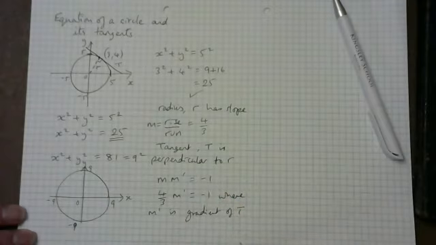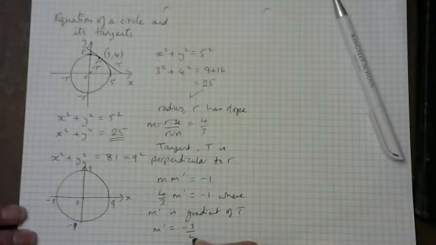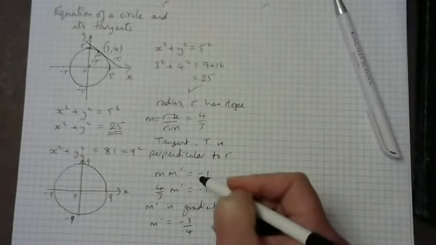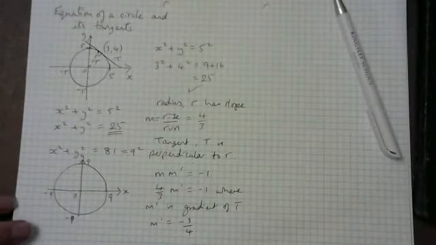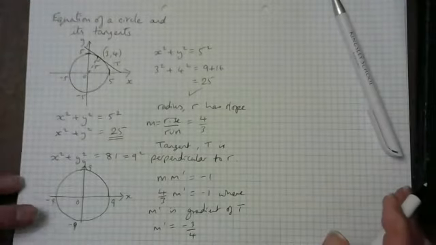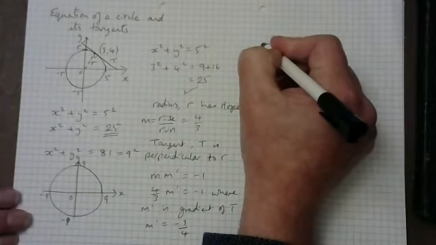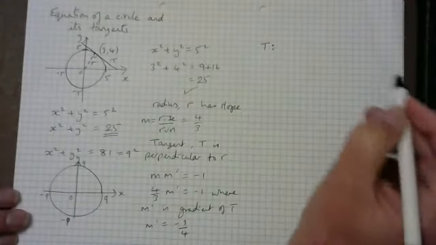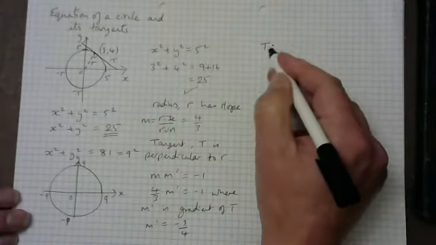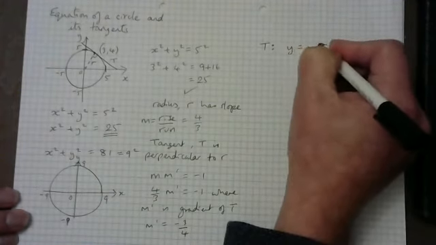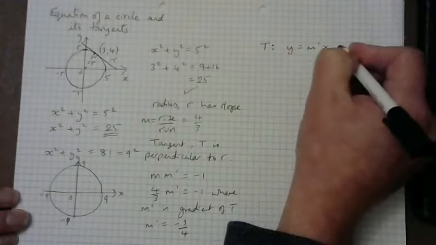Well, let's solve that. m prime equals -3/4. Just rearrange that equation. 4/3 m prime is -1, times by 3, divide by 4. Then we have t. So t is such that y equals m prime x plus c.